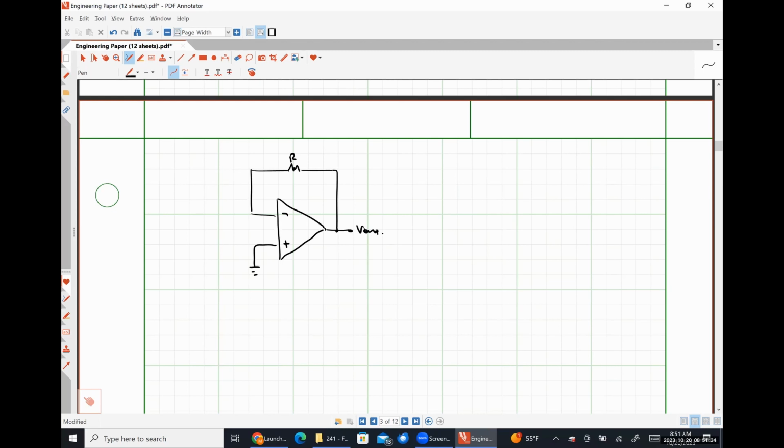Here is my output voltage. Here's my capacitance. Here's my input signal.